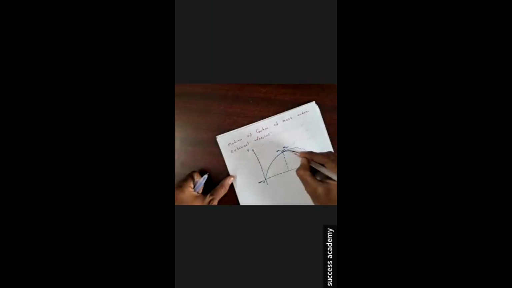It means before breaking into number of pieces, whatever the path is followed by the bomb, in the same path, after breaking into number of pieces, at the center of mass, whatever the particle is present, that should follow. So this is the path of the particle of center of mass.